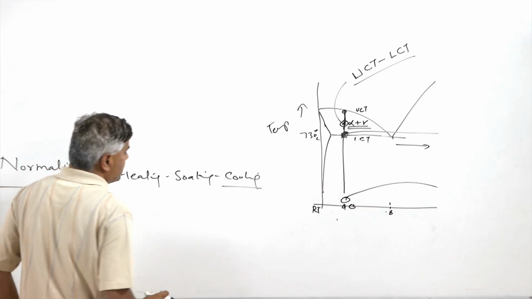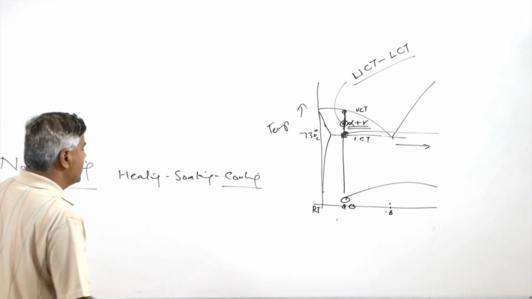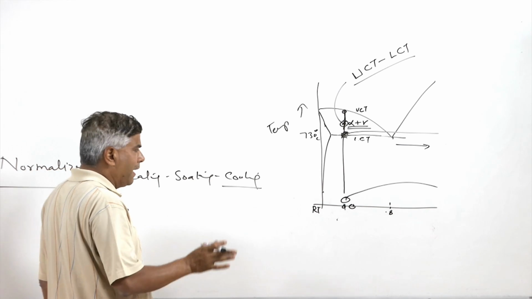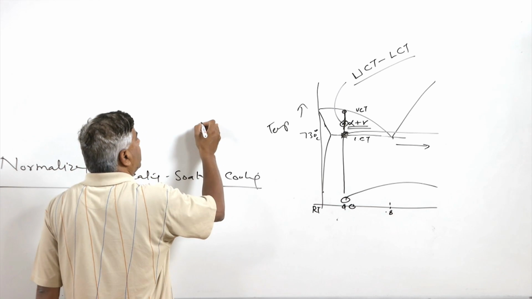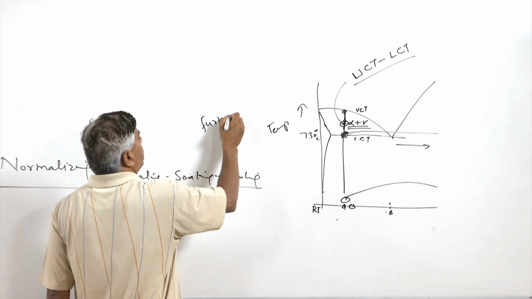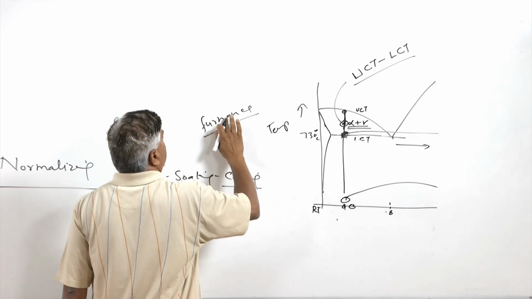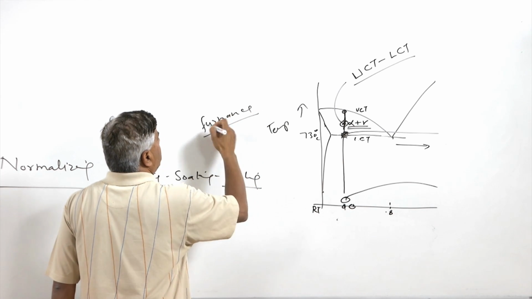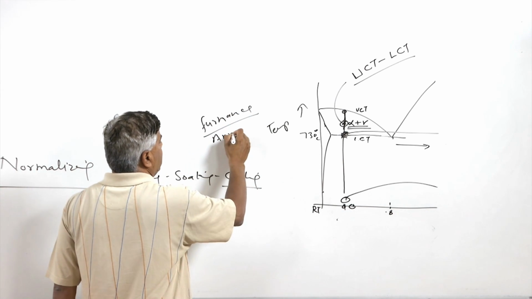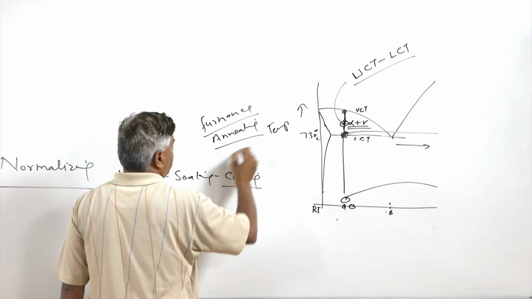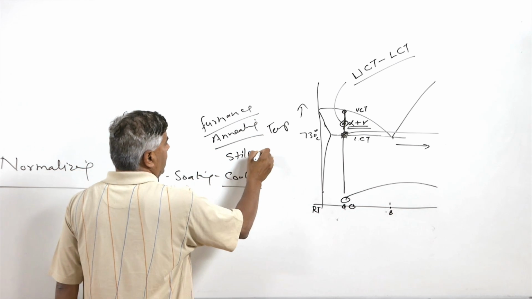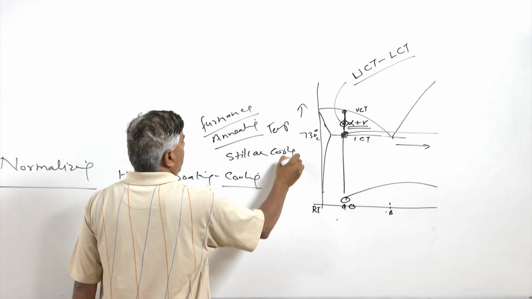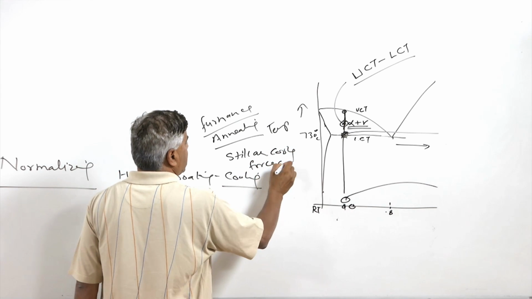Cooling rates used in normalizing are a little bit higher than what is used in annealing. Furnace cooling is usually carried out in the case of annealing, but in the case of normalizing, normally either still air cooling or forced air cooling is carried out.